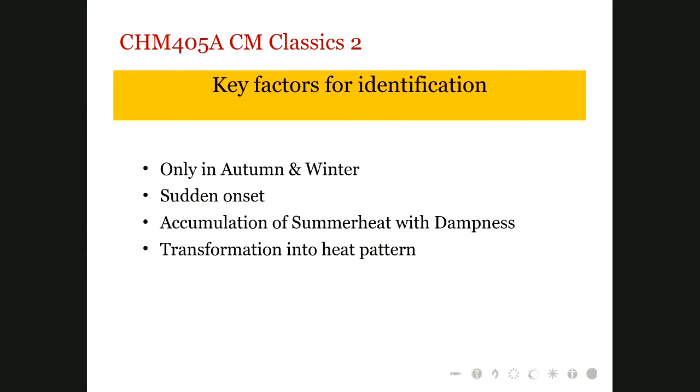Thank you very much. Now, the key factors for identifying lurking summer heat warm disease are that it has to be in a specific season, autumn and winter. It has a very quick onset, so it comes out very quickly, a sudden outbreak. There is an invitation and it suddenly comes out. There is accumulation of summer heat with dampness, so symptoms relate to high temperature, internal dampness, and also external pathogens.